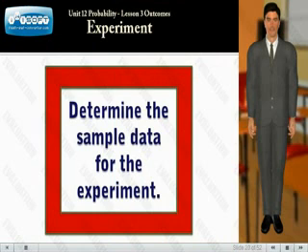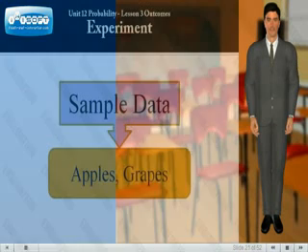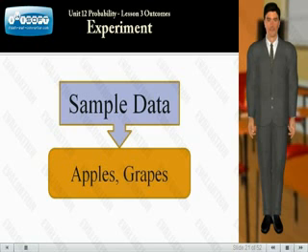Now that I have the experiment, what I want to do now is determine the sample data for the experiment. But I do want to set up or prepare the data, and for this experiment, the sample data is simply apples, grapes, which I listed in alphabetical order.